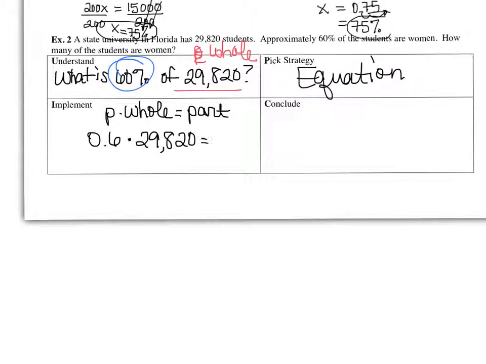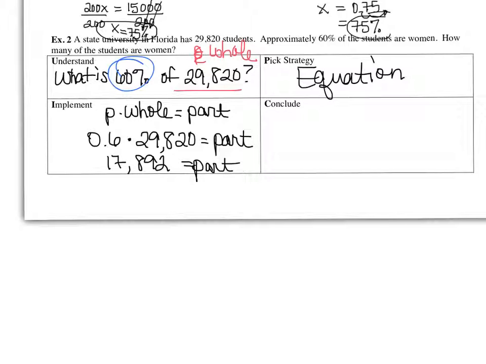29,820 equals the part. So finding the answer to this is as easy as figuring out what is 6/10 of 29,820. That would be 17,892, which is the missing part that we're trying to find.